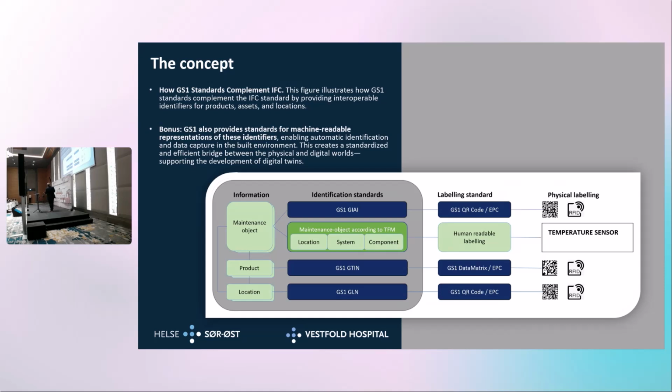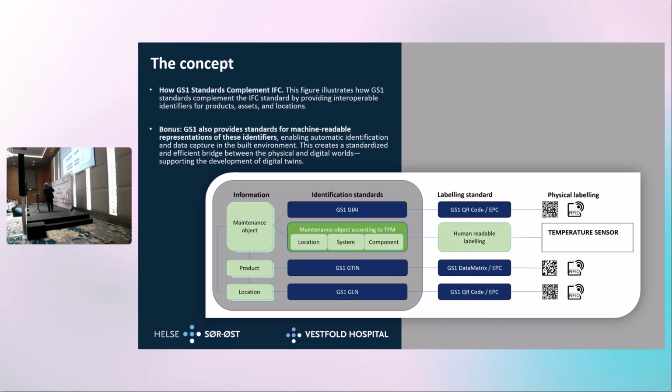But when we can use GAI, that's much better for the complete workflow. So we have the GS1 QR code. You can see electronic product codes.